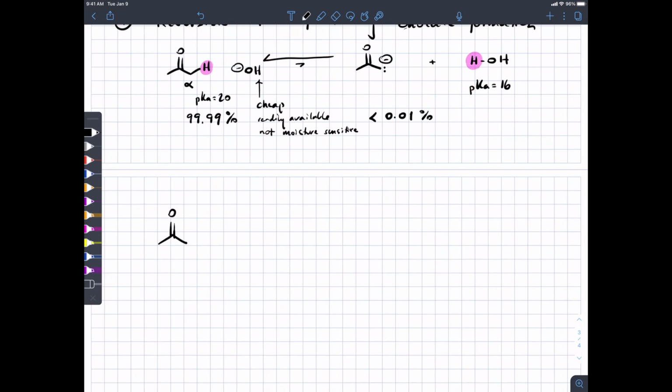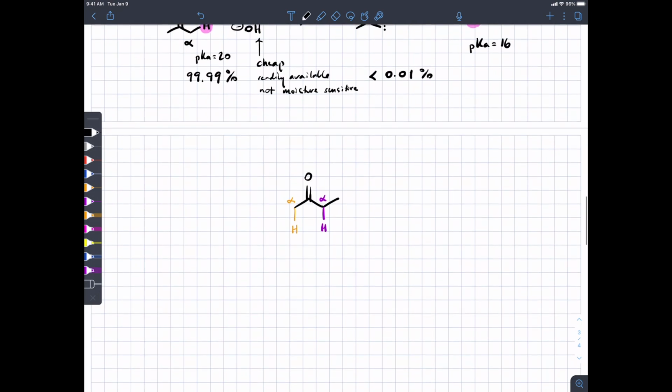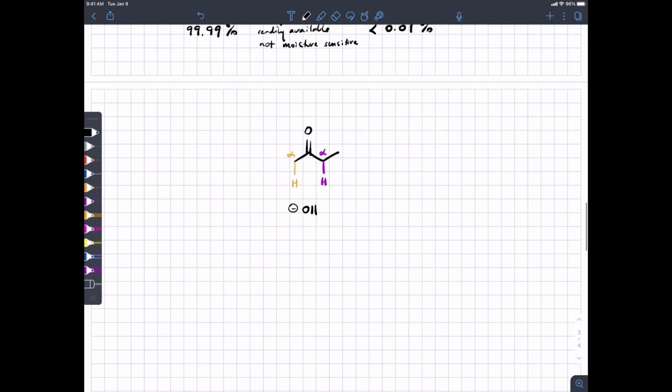What if we started with this one, where you have an alpha proton here and an alpha proton there, and those two alpha protons are not equivalent. All right. And let's imagine what would happen if you used hydroxide as a base there.